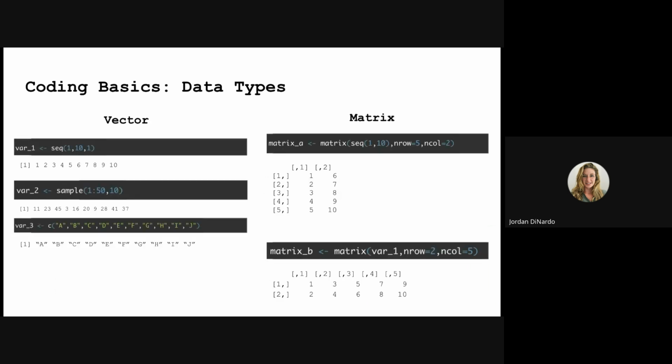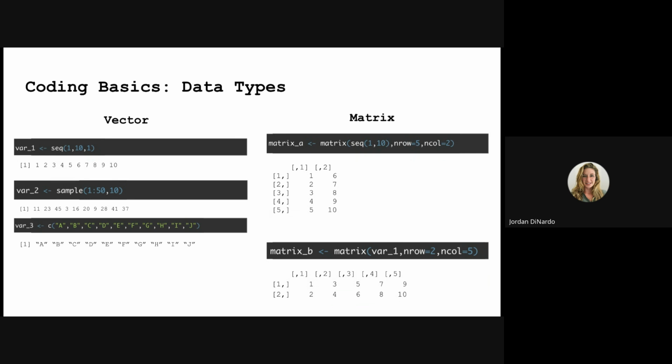So let's just work through some examples here. On the left, we have vectors. In this first example, we're creating a vector using the function called sequence, or seq. We're saying seq numbers 1 through 10, and we want by 1. So it's from, to, by. The output here of var1 is the numbers 1 through 10.